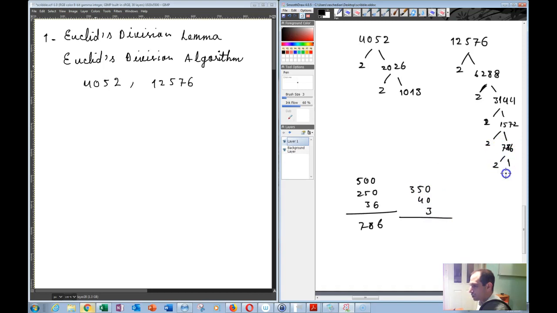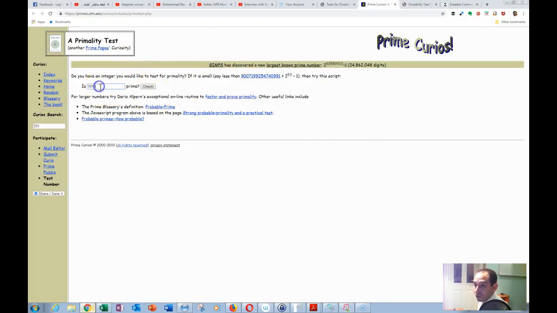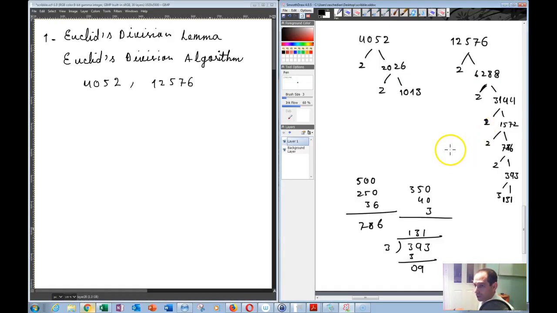So 2 times 393, and 3 plus 9 plus 3 is 15, so this is divisible by 3. 393 divided by 3 gives you 131. So 3 times 131, and 131 is a proven prime. Okay, so you have to stop there.